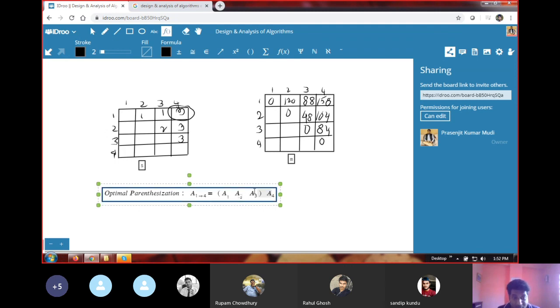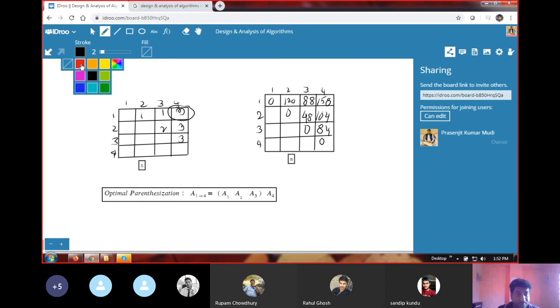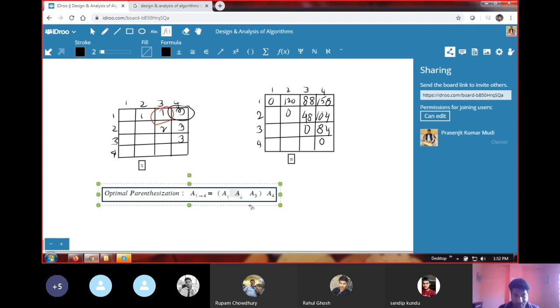As it is a product A1 to 3, for A1 to 3 we have to collect the value S1 3. Okay, S1 3 is 1. That means now what I have to do, I have to split at 1. That means one subsequence will be A2 to A3 and the other subsequence will be A1.